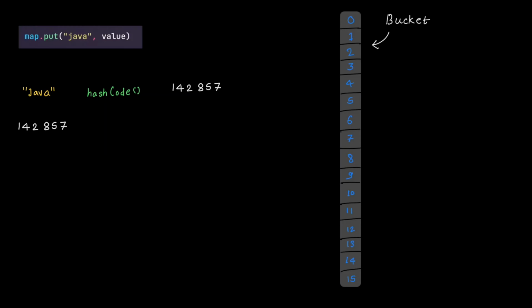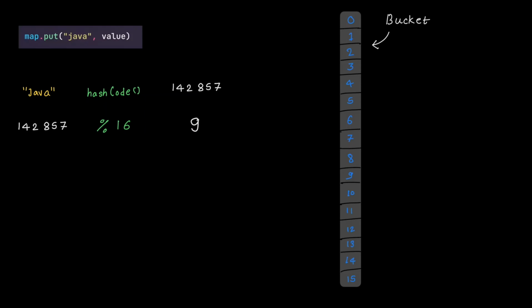However, this value is very big and we cannot map it to any bucket because the number of buckets is 16. So how does that happen? We use mod 16 internally to get a value within 16. Here, for this number, the modulo operator gives us 9.